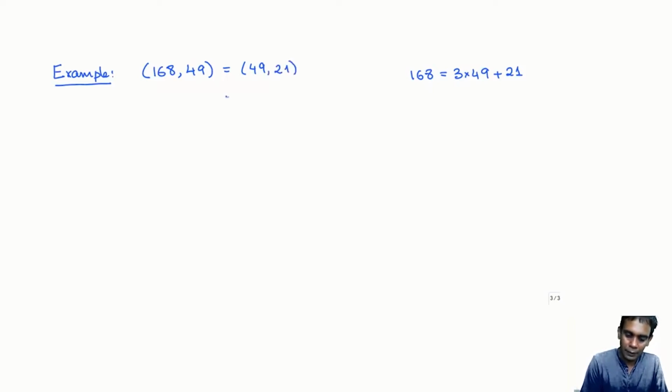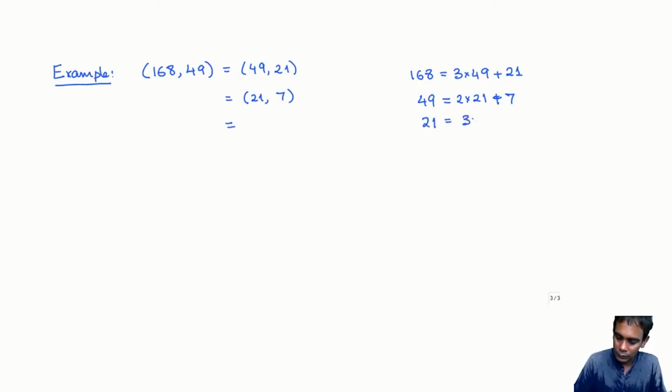And now how does 21 go into 49? 21 into 2 is 42 plus 7. So I can write this as 21, 7. And then what about 21?